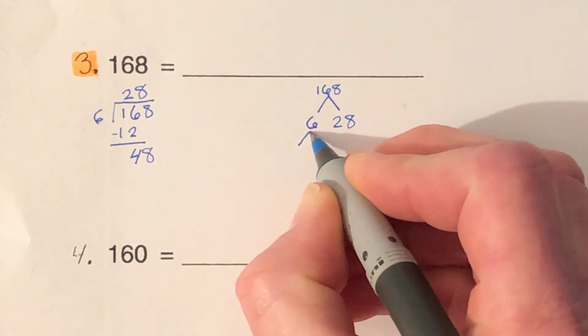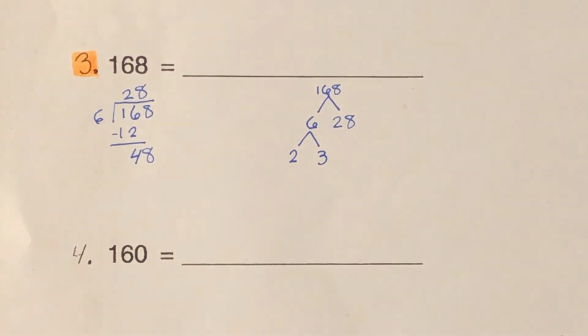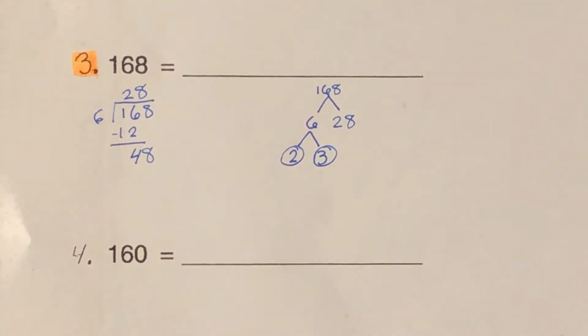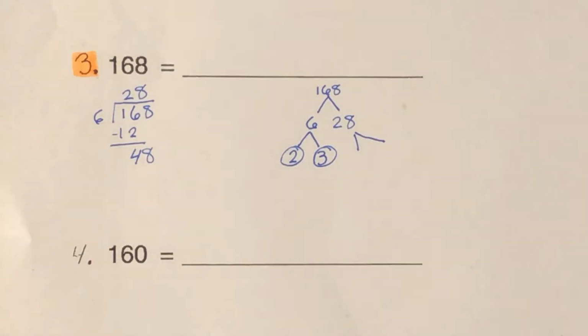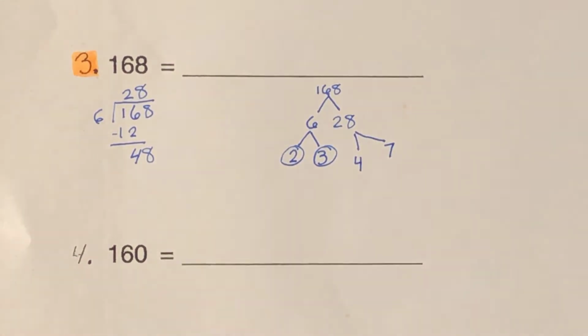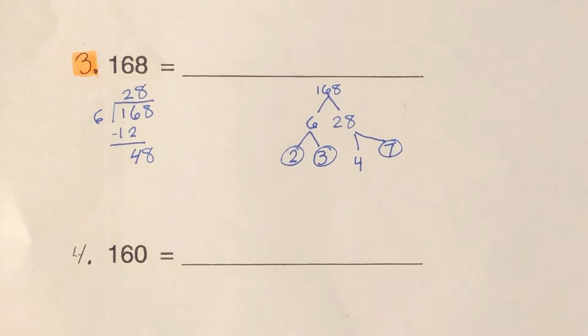6 can be divided by 2 times 3. 2 is prime, 3 is prime. 28, I could do 2 times 14, or I can do 4 times 7. I'm going to do 4 times 7. I have a prime number. 7 is prime, 4 is not.